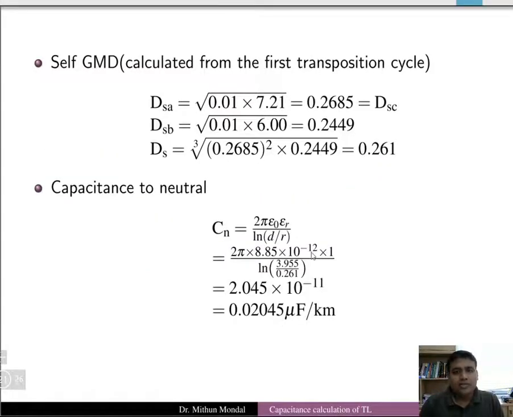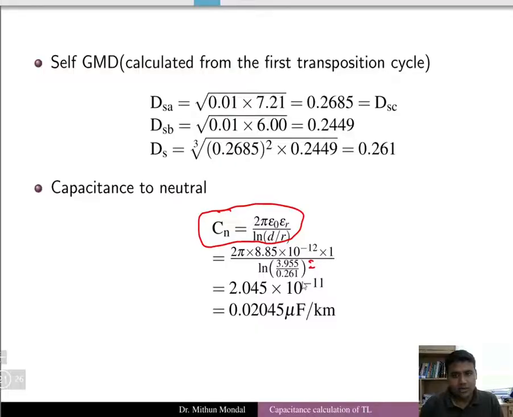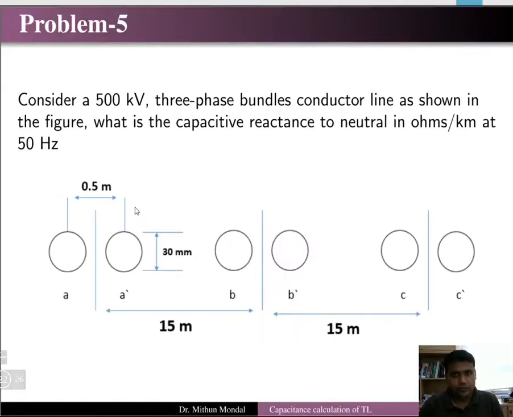So once obtaining this, it is easy to find out the capacitance with respect to neutral as 2 pi epsilon ln of GMD by GMR. Substitute the GMD and GMR, you will get 0.02045 microfarad per kilometer. So in this way you can obtain the capacitance with respect to neutral of a line.